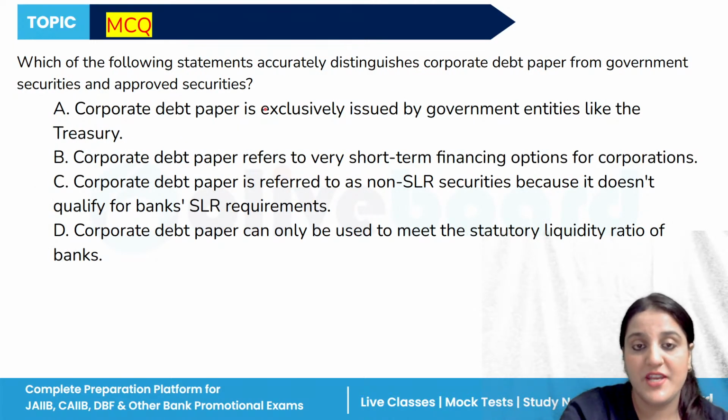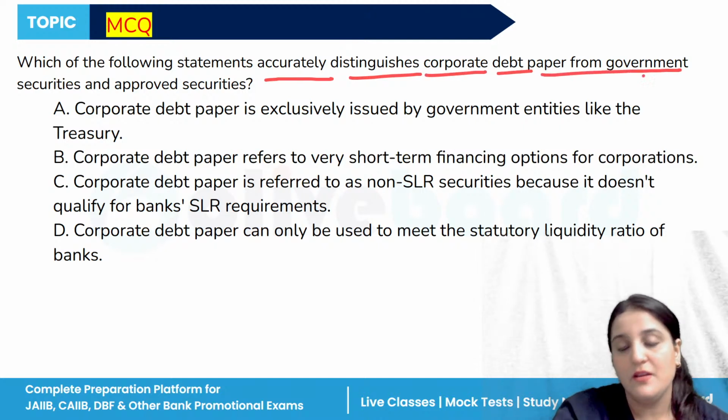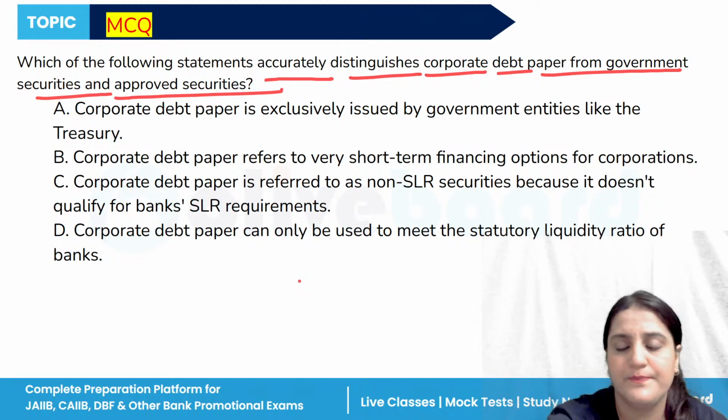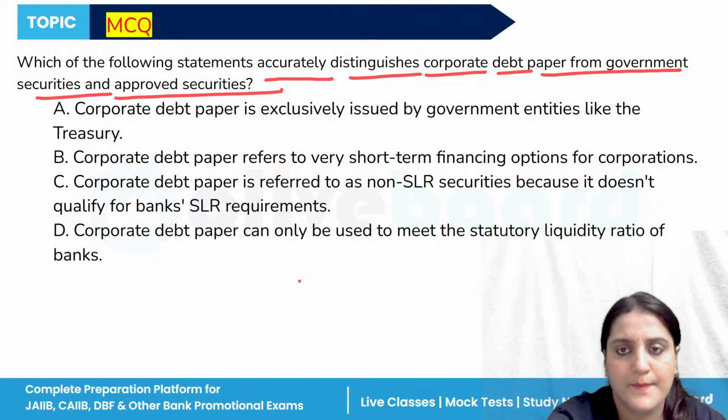Which of the following statements accurately distinguishes corporate debt paper from government securities and the approved securities? Let me know the answer of this question.